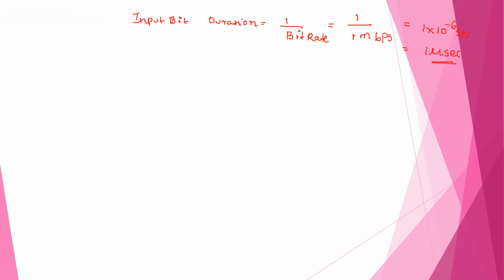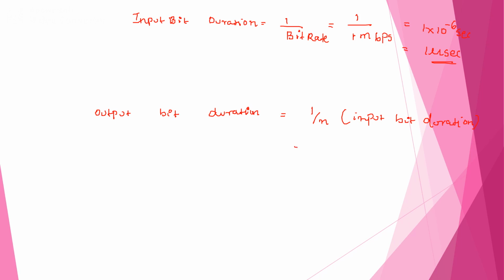So next we can compute output bit duration. Output bit duration is equal to 1 by n times the input bit duration.